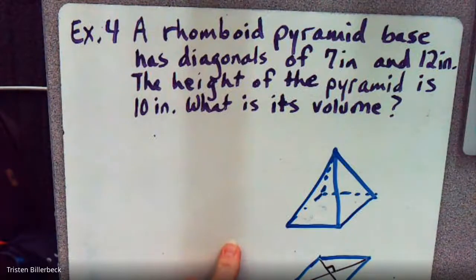A rhombus's diagonals are always at right angles. So one is 7 inches and one is 12 inches.